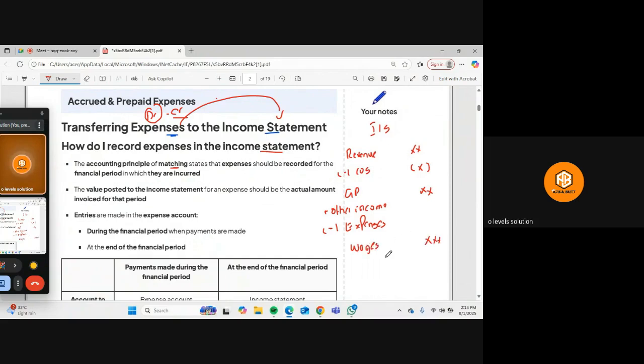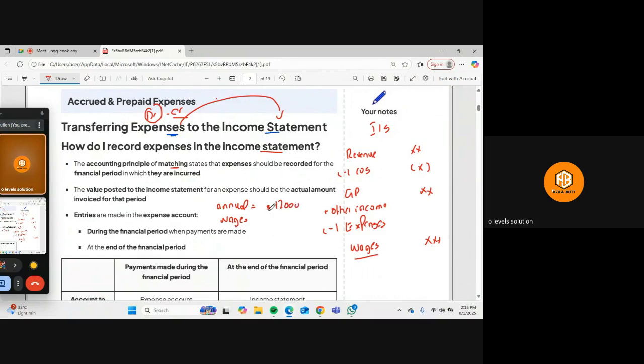Why are we writing the wages of this company here? Remember one thing: whether you have paid the wages to your workers or not, you need to find out what the annual wages are. Let's say my annual wages are $12,000.